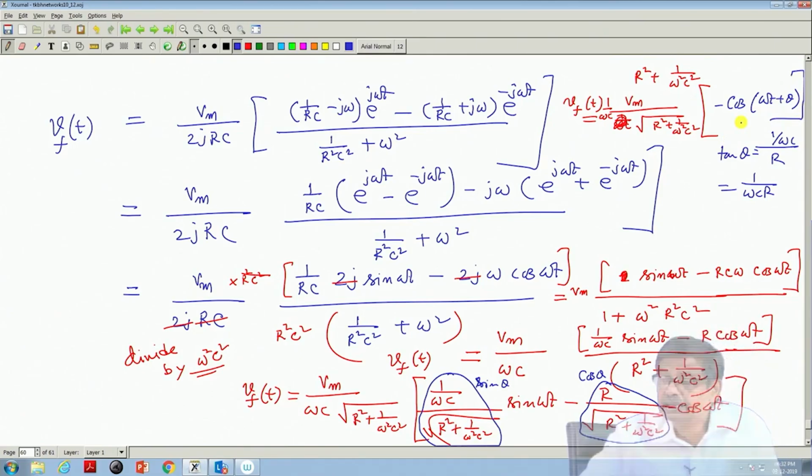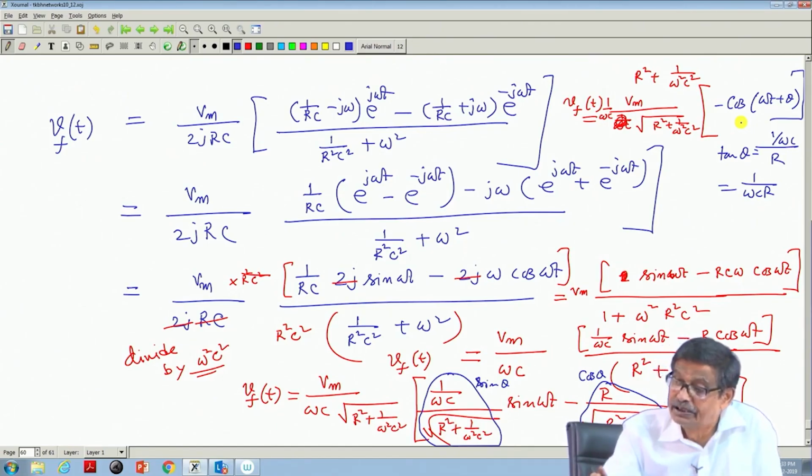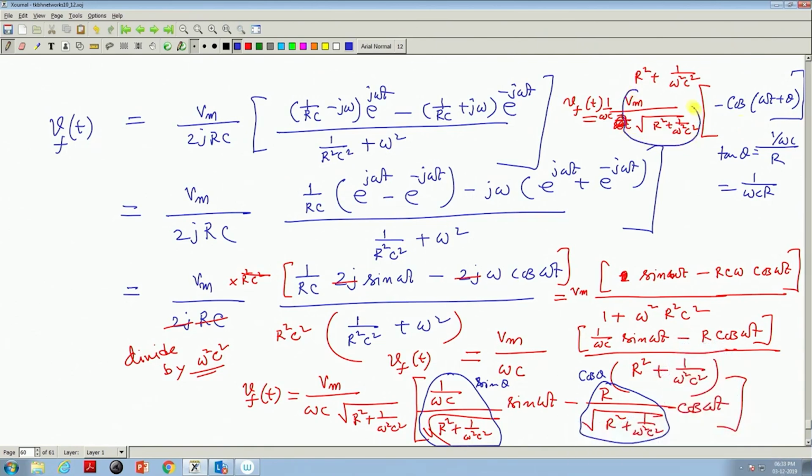If you like, you then calculate the currents; C dV by dt will be the current. Do not get upset by this negative sign, because it is not that this is the supply voltage. You see, Vm by Z is the current, into reactance gives you the peak value of the voltage, that is fine. But in a capacitive circuit, this is your supply voltage, we know that this is correct, the supply voltage is Vs. Although I have not done the phasor diagram, I am trying to see whether things are coming out correctly.